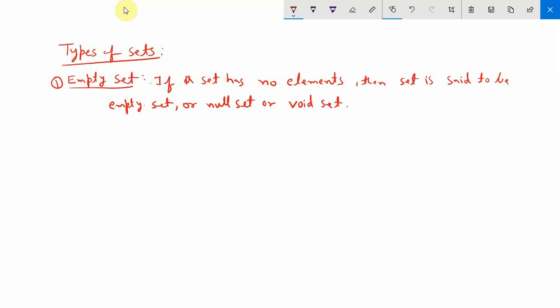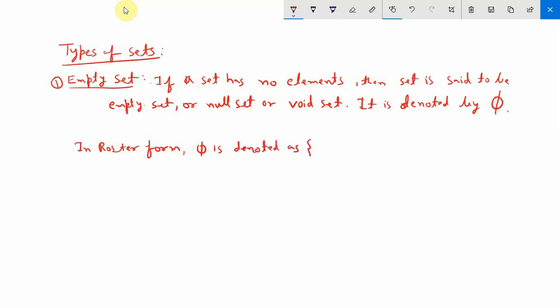Okay, it is denoted by phi. So in roster form, phi is denoted like this.